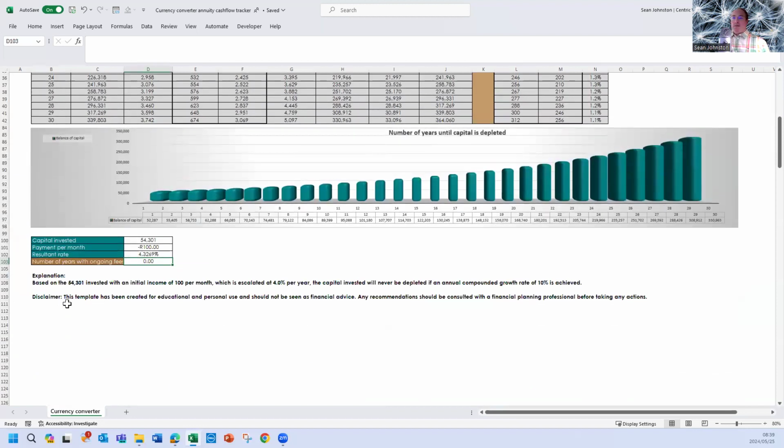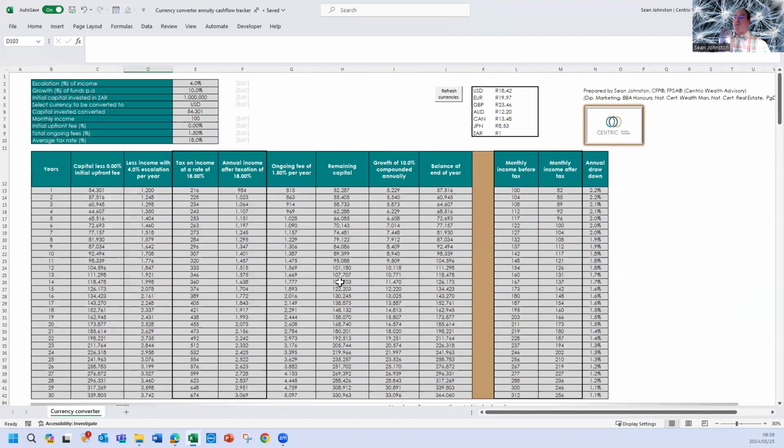Of course, lastly, just a disclaimer: this template has been created for educational personal use and should not be seen as financial advice. Any recommendation should be consulted with a financial planning professional before taking any actions. In other words, if you're looking to invest offshore, you need to understand the implications for tax, for exchange control, and risks, of course, because your money is now leaving the country.